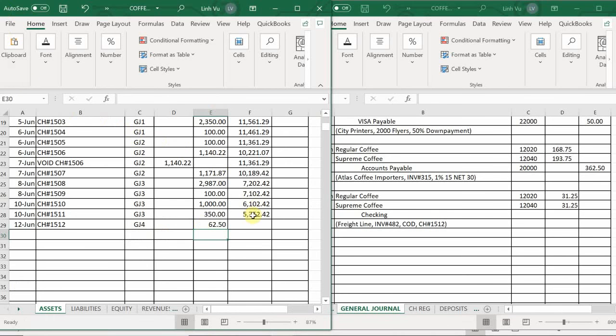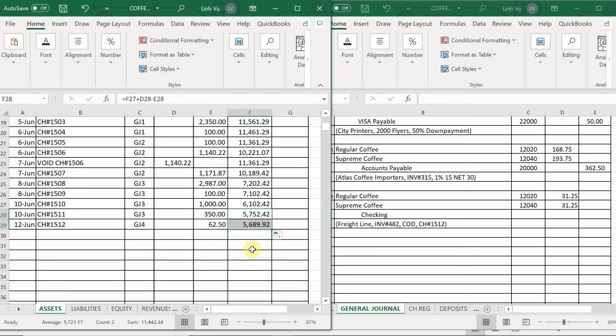Which then brings my account balance down to $5,689.92. Okay.